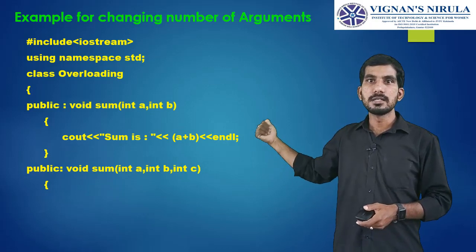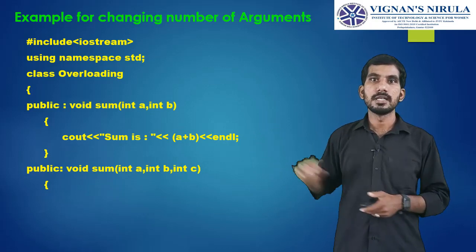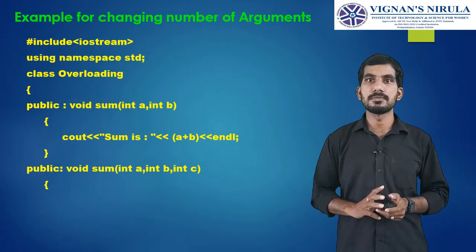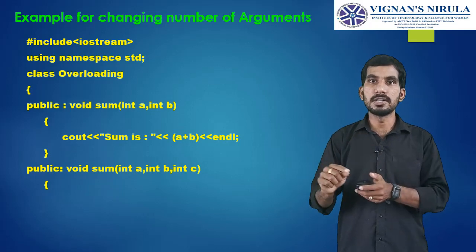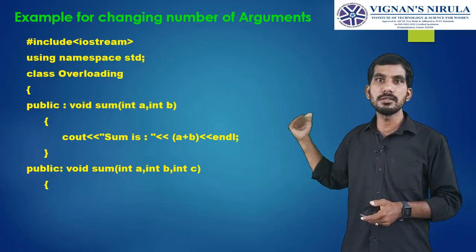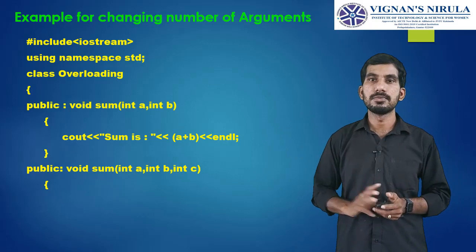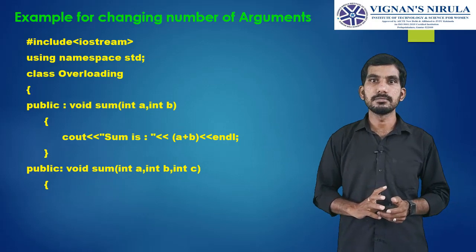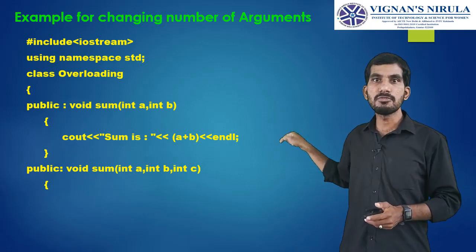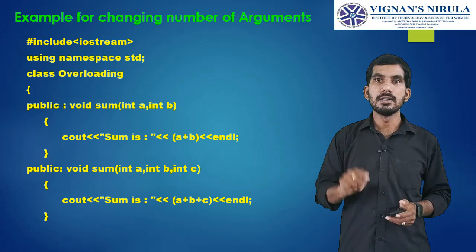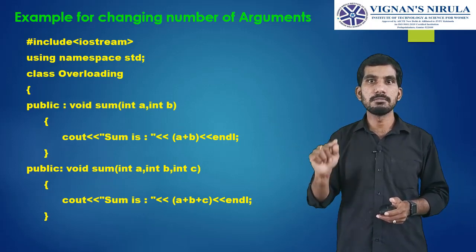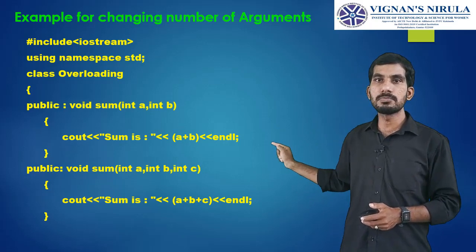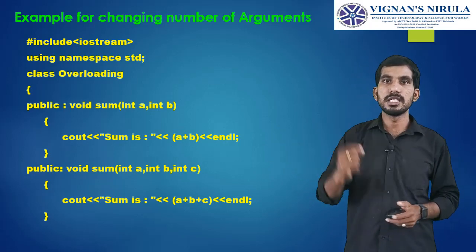Here I am defining the function sum with three parameters, that is, different arguments. First one is integer a, integer b, and the third one is integer c. Within this second sum function, I want to add the three variables. With the help of the cout object, I want to print the value of a plus b plus c.